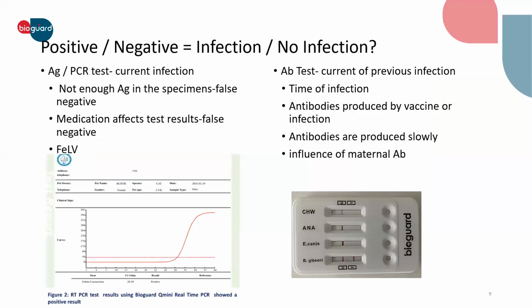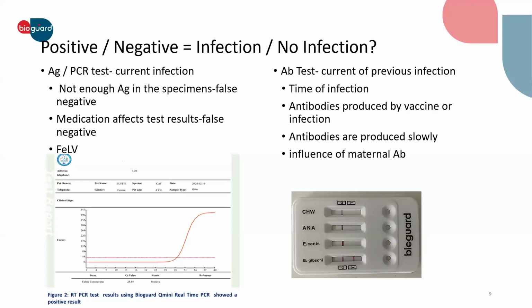So antibody tests can only tell us the animal has been exposed to or infected with the pathogen previously. And another issue is: does a positive result mean infection, and a negative result mean no infection?